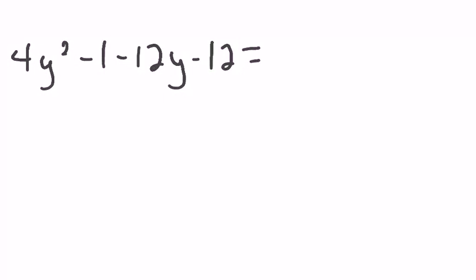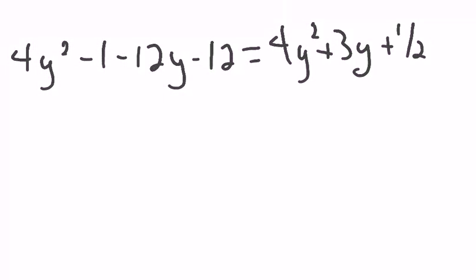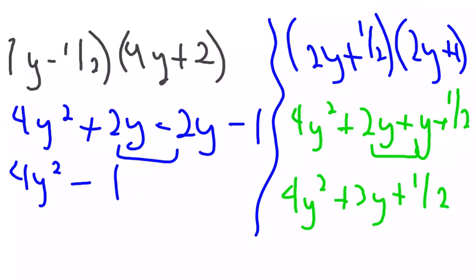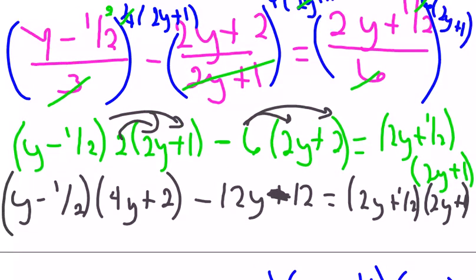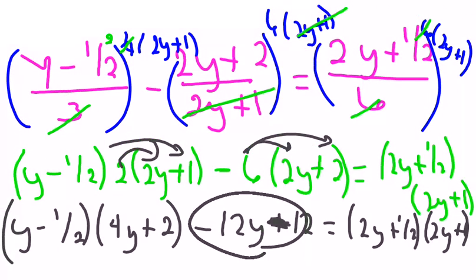Now let's rewrite that all together. So we have 4y squared minus 1 minus 12y minus 12 equals 4y squared plus 3y plus 1/2. So that's going back and picking up these two pieces that we just did mixed with this middle piece that we had already finished.